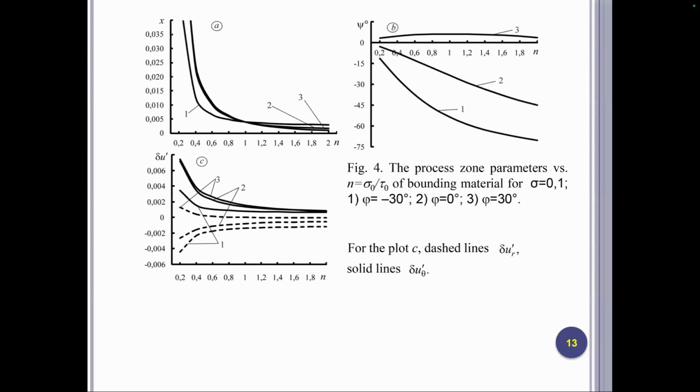For various phase angles of the loading at infinity, we construct some curves that can be used to analyze how the process zone parameters depend on the phase angle, or the ratio between sigma 0 and tau 0.